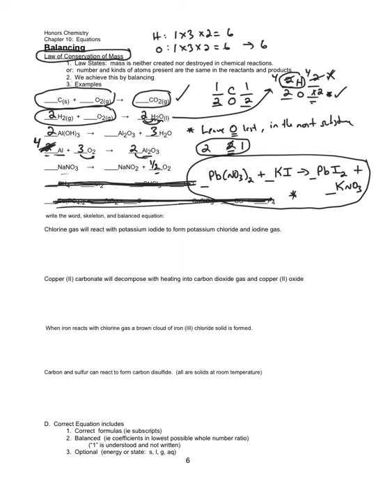And that is we multiply all of the coefficients by the number 2 to get rid of the fraction 1/2. So 1 times 2 gives me 2, 1 times 2 gives me 2, and 1/2 times 2 gives me 1. And again, I don't even need to put it there because it's implied.